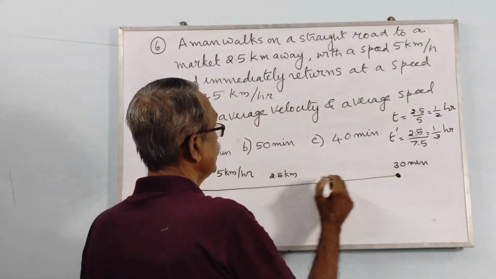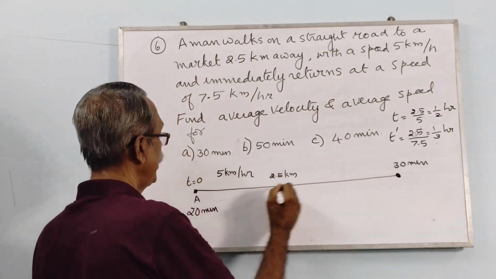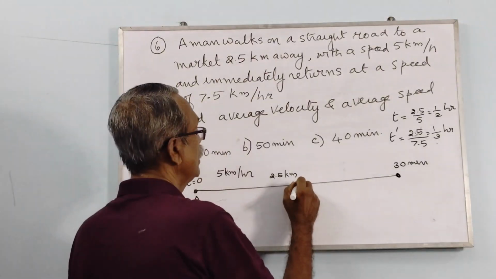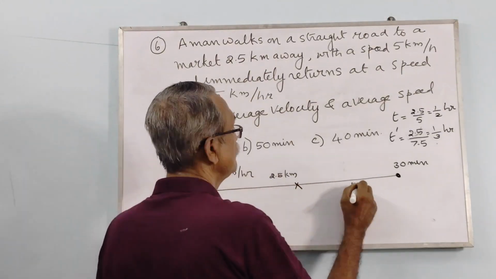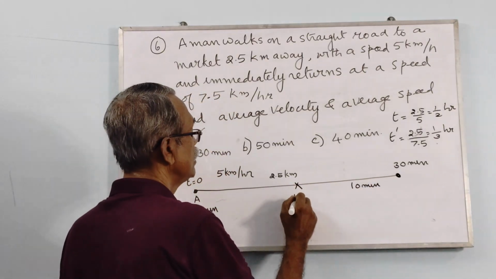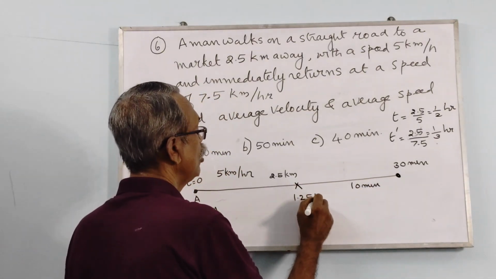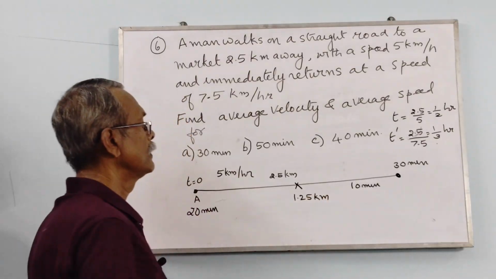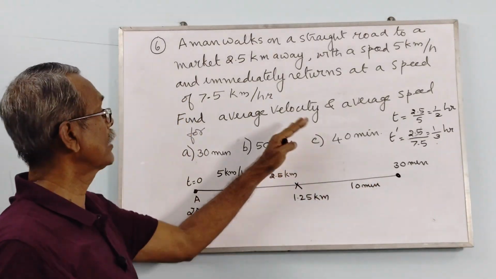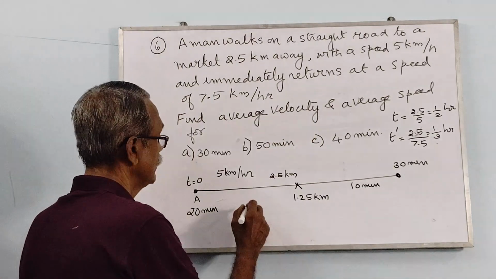At 7.5, he takes 20 minutes to cover the entire distance, so he takes 10 minutes to reach the middle point, which is 1.25 km. This is the motion. Now we can use that to calculate one by one. A.